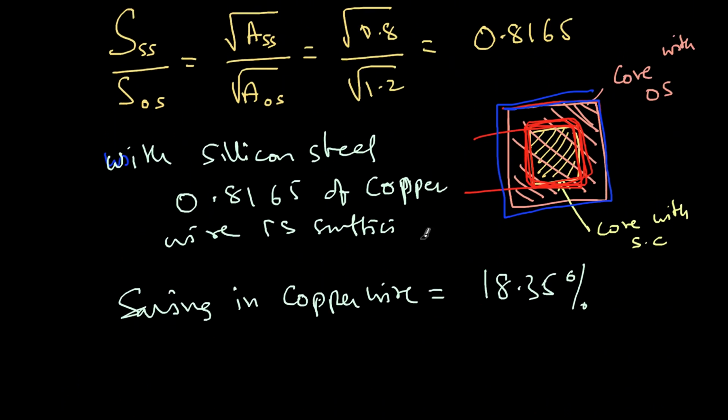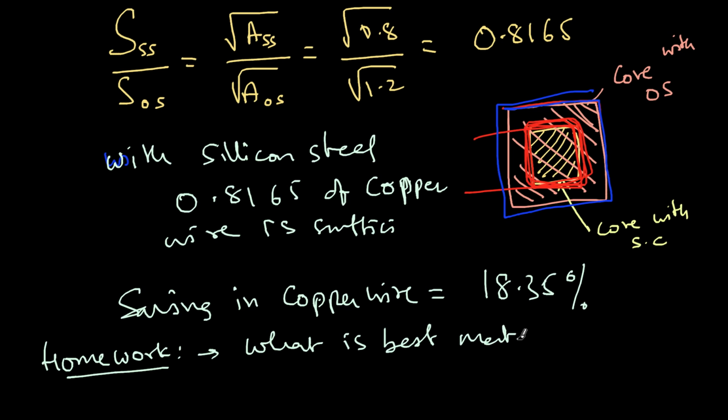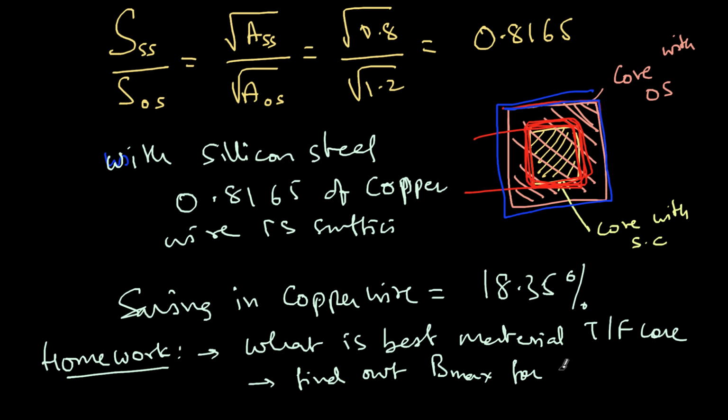So I would like to give a small homework for the YouTube viewers. Search in Google, what is the best material for transformer core? In other words, you have to find out Bmax for different materials. Some materials cannot support that much flux density.